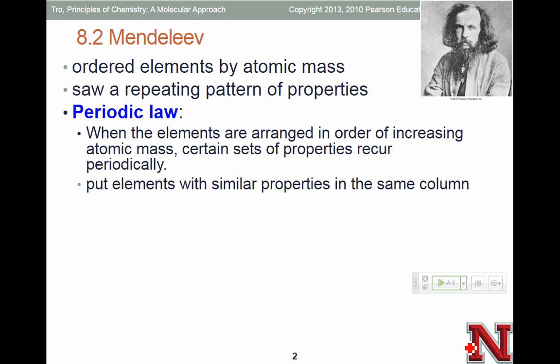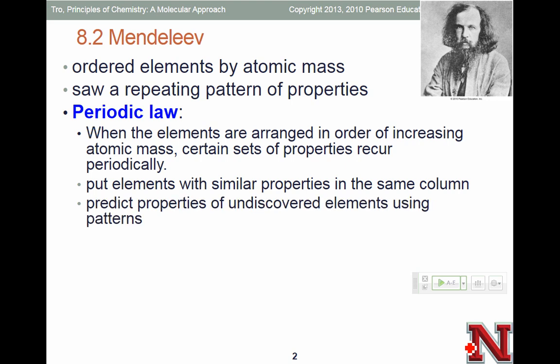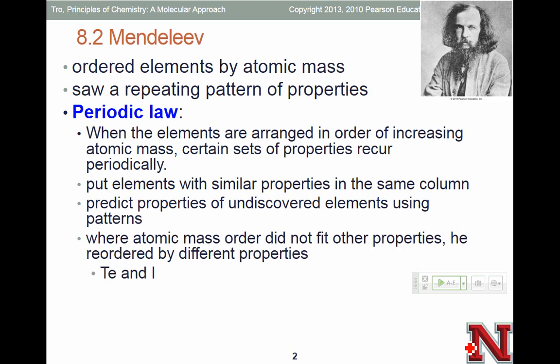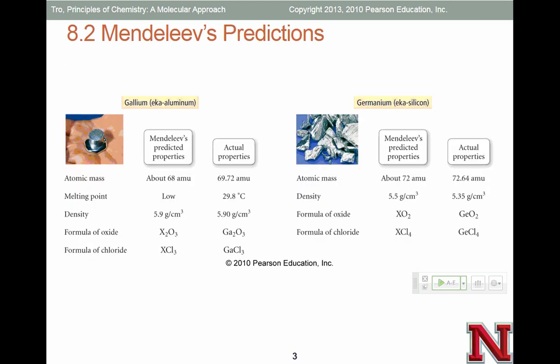So we have elements with similar properties down the periodic table, and we can predict properties of undiscovered elements using this. Where the atomic mass didn't fit, he reordered them by different properties, so that's why you have things like tellurium in random places, and we have those 2 separate columns on the bottom.